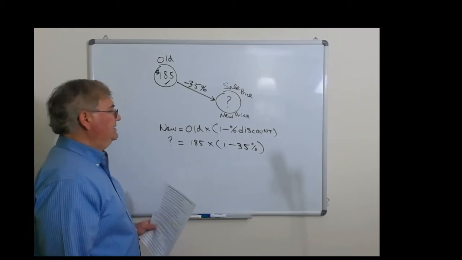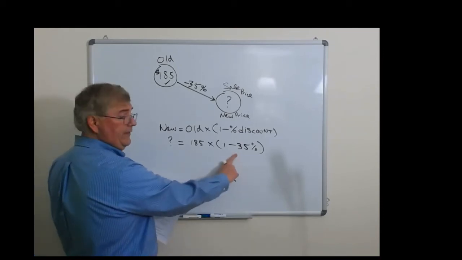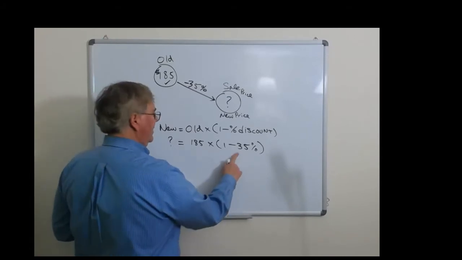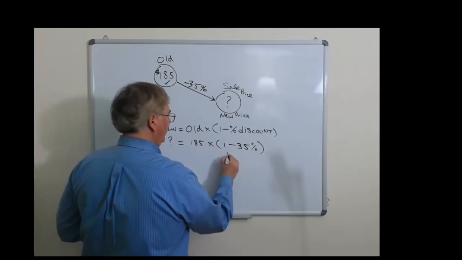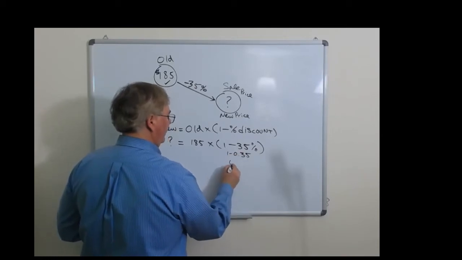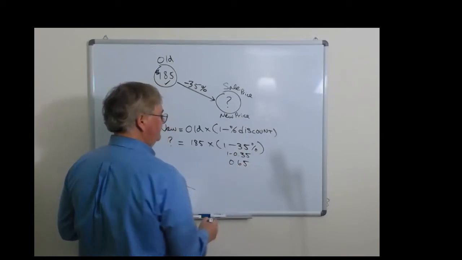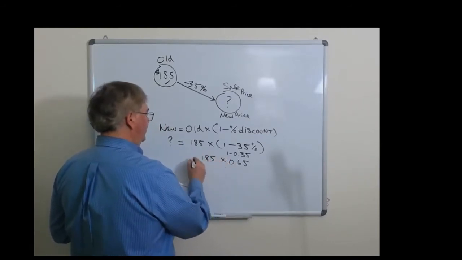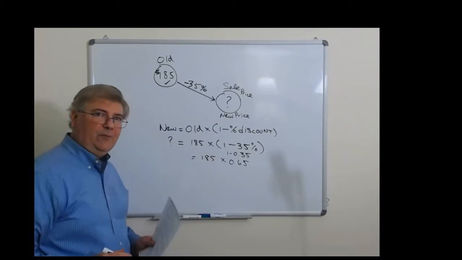Okay. Next step is solve for what's in the parentheses first. Order of mathematics. 1 minus 35% is 1 minus 0.35, otherwise known as 0.65. Multiply that by 185, and you should get your sale price.